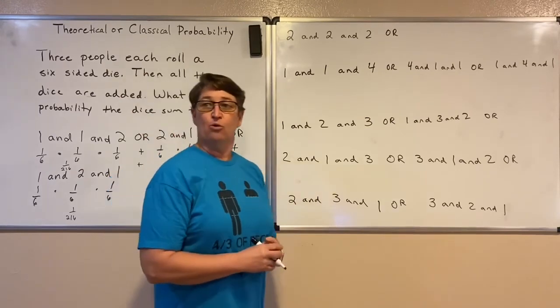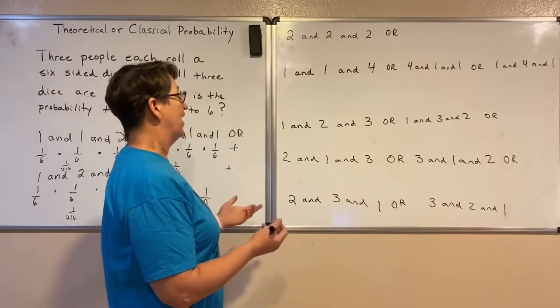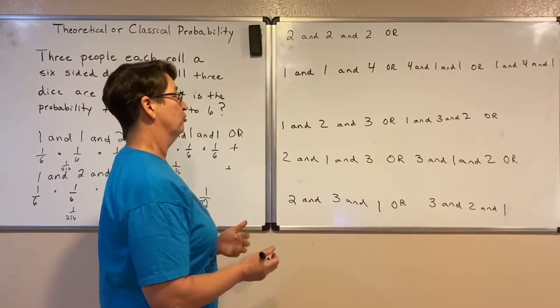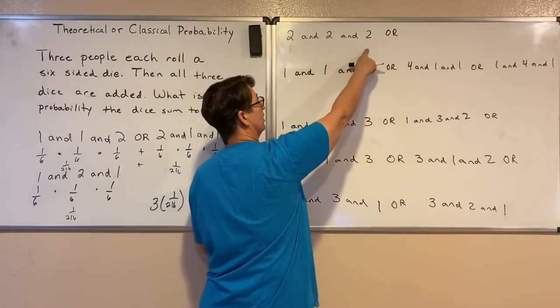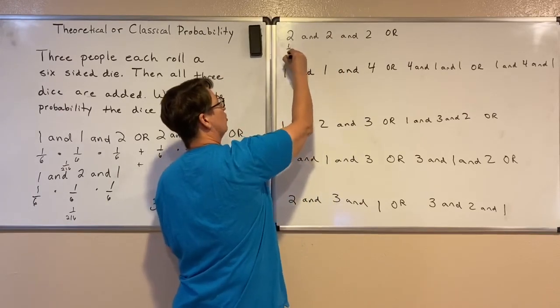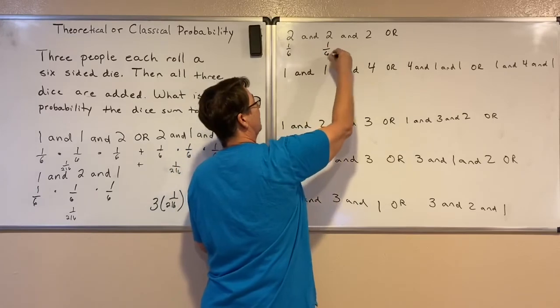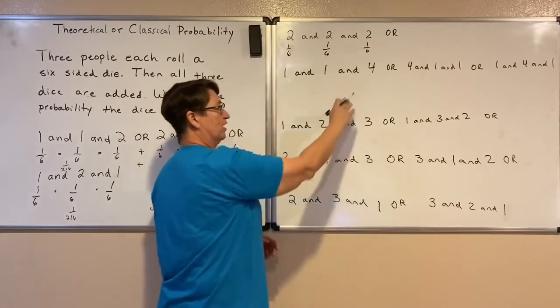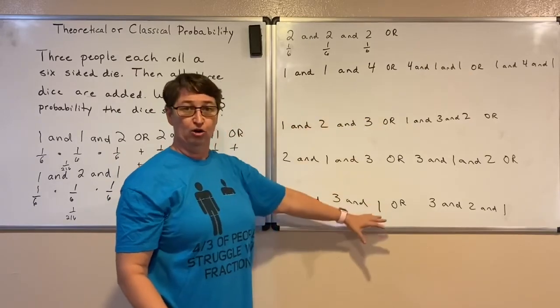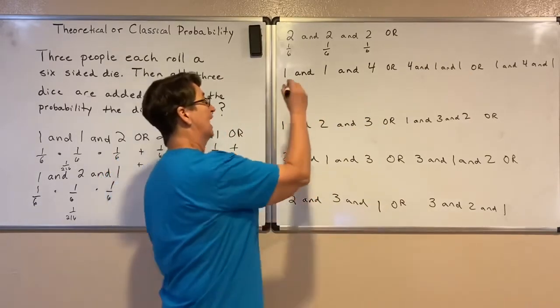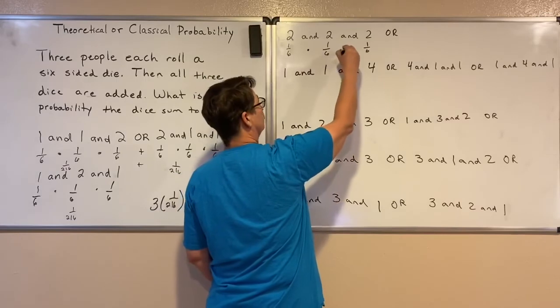So now what we're going to do is find the probability of each of those. Well, we know to find the probability of one number in a particular die is just 1 out of 6. And that's going to be true for each one of these, that it's going to be 1/6, 1/6, 1/6 for all 10 of those. And the ands tell us to multiply.